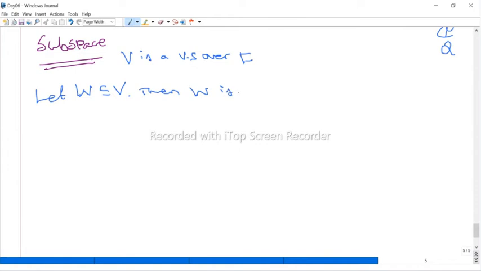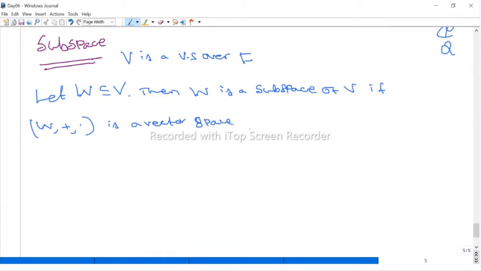When we say W is a subspace of V, then W itself is a vector space with the same addition and the same multiplication on V, over the same field F.